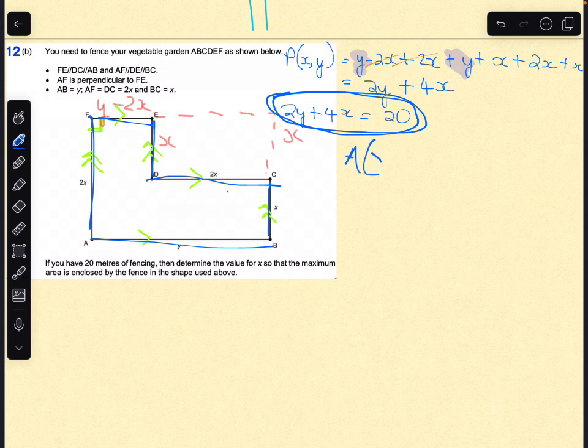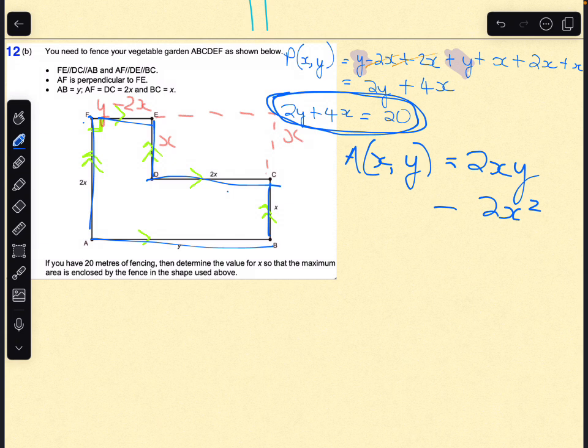So again, the area is going to be a function of two variables, x and y, and it will be given by the area of this whole rectangle, which is 2x times y, minus the area of this little rectangle here, which is 2x times x, right? So that is going to be 2x squared.